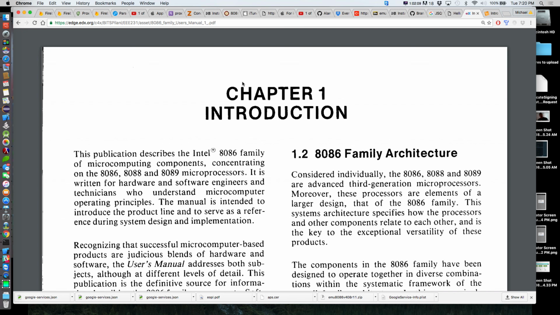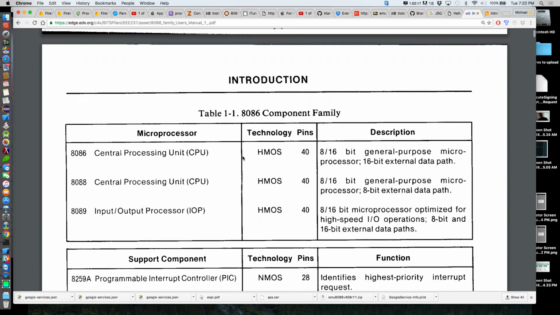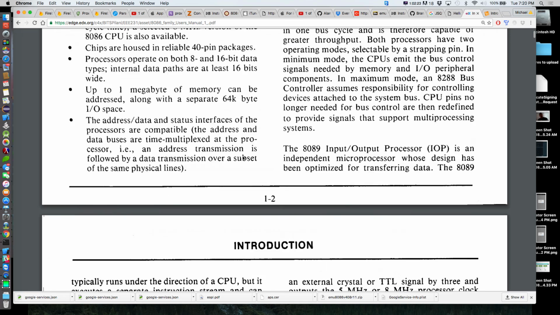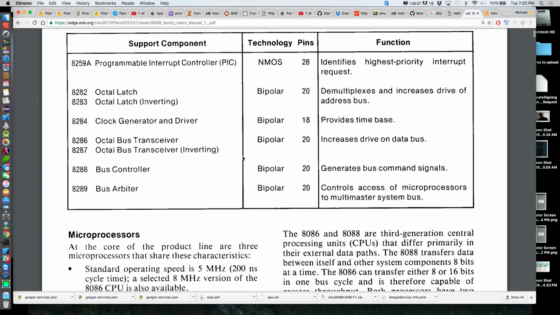All right. So we're going to be looking at this sometime tonight after we look at this other document. But this is the user's manual for the 8086 processor. And as we walk through here, I just saw bipolar. The octal latch.